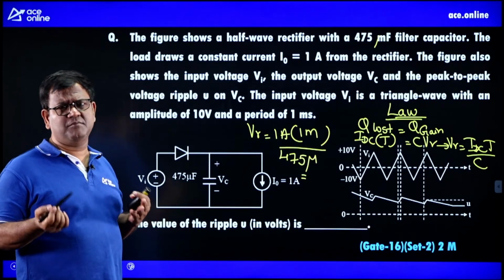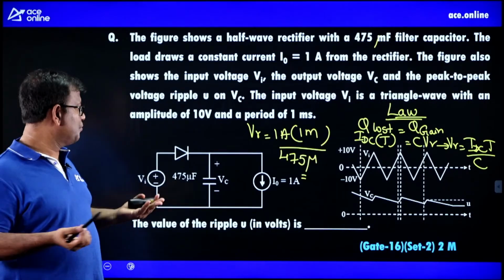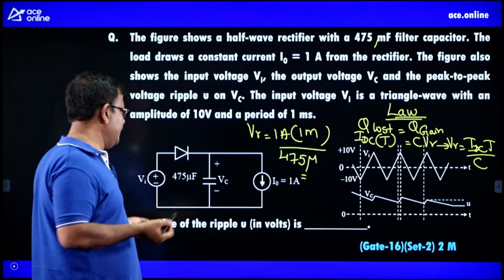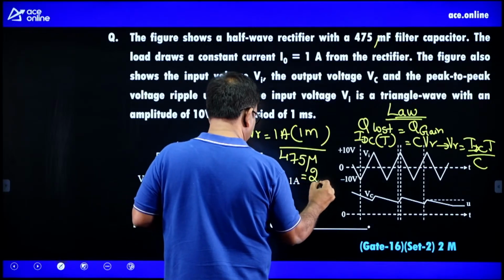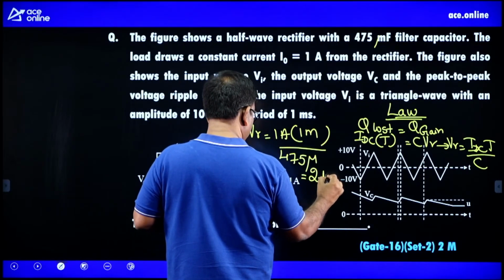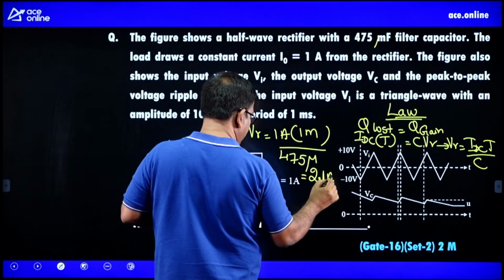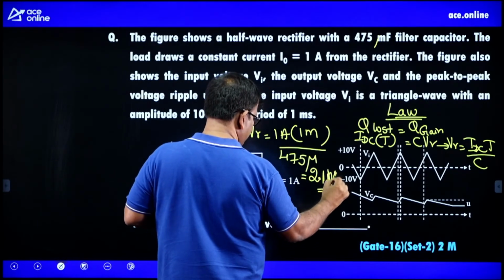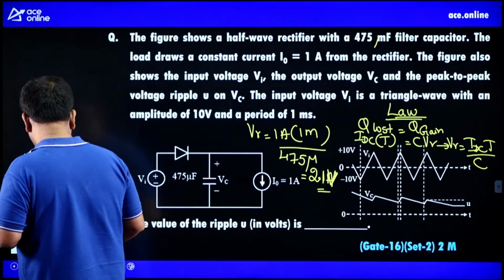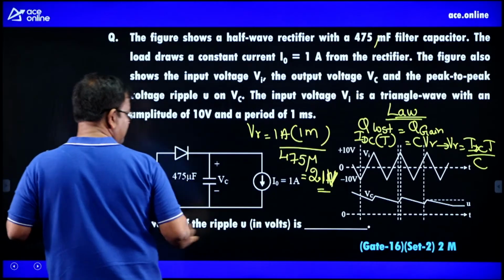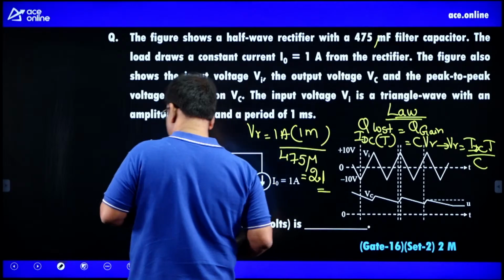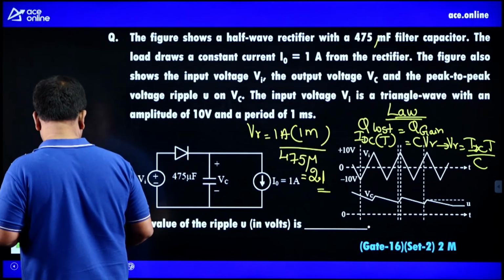So imagine 1000 by 500, it should be 2, so for 475, maybe 2.1, something like that. I'm not quite sure. Sorry, this is not ampere, it is volt, it is voltage, because ripple is a voltage.